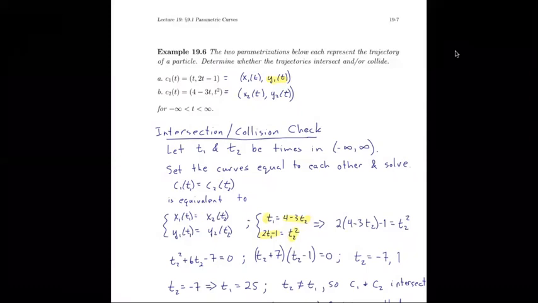Now it's not a linear system of equations because there is a power of T1 or T2 that's not 1. Some of these could be linear equations, so we could be asking about two lines intersecting or colliding, or two trajectories which are lines that might intersect or collide. But generally, that's not going to be the case.